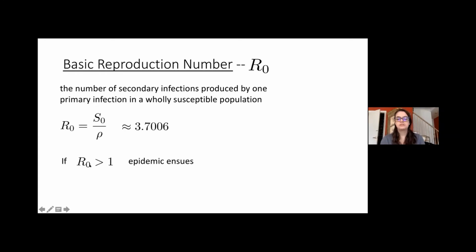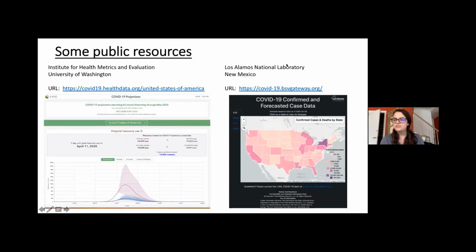Anytime R naught is greater than 1, you're going to have an epidemic, the epidemic definition that I gave previously, which makes sense. Anything over 1 means that there's always going to be at least 1 person getting sick every time. Anything less than 1, you're having less than 1 person get sick every time, so it should eventually die out.